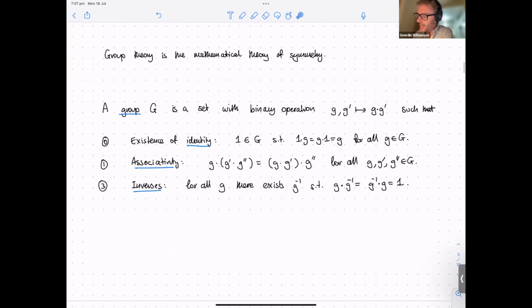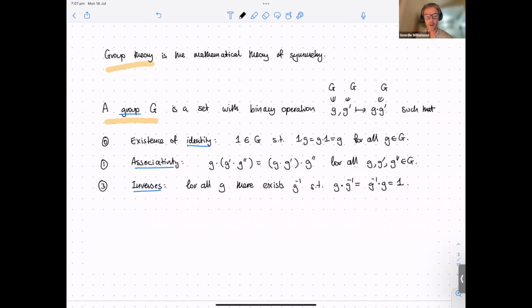And group theory is the mathematical theory of symmetry. So a group, I hope that you've seen this concept before, but I'm just reviewing it quickly. A group is a set with a binary operation. So we take two elements, g and g prime in G, and then we have some operation which produces a new element out of our two elements.